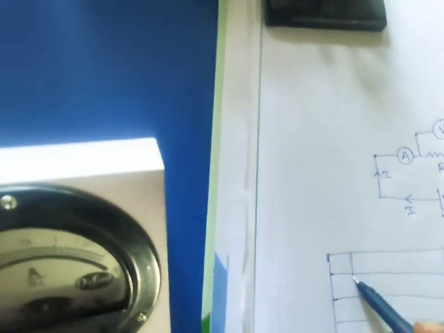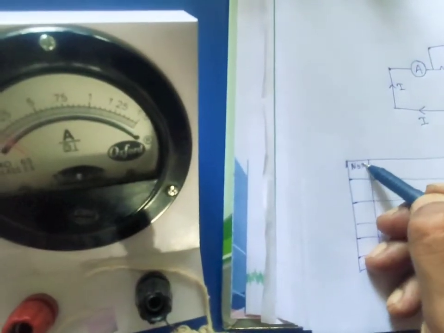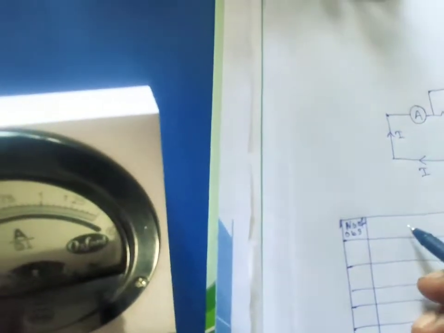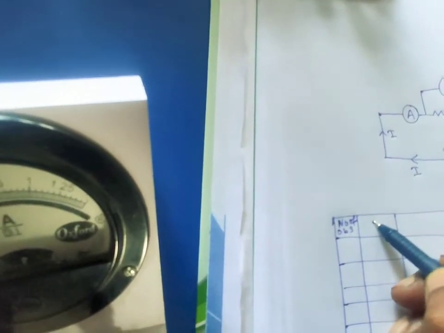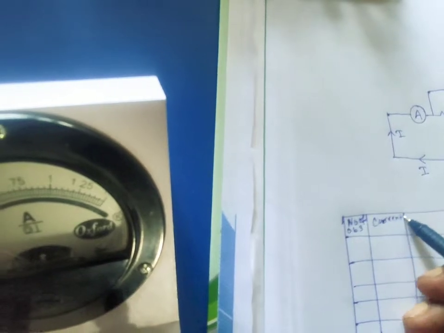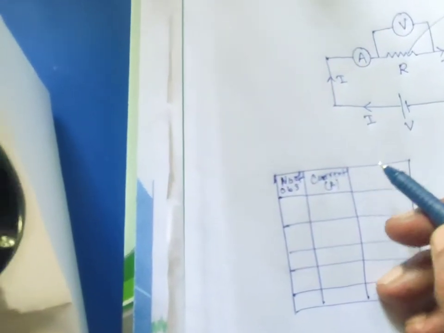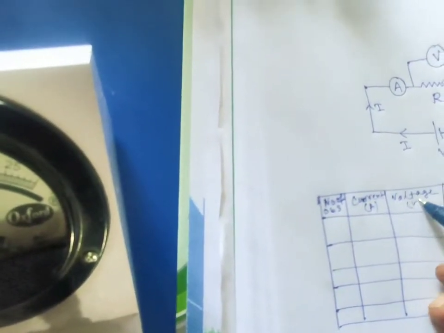The first thing is the number of observations. You can write number of observation, then current in ampere. Next you can write voltage in volt.